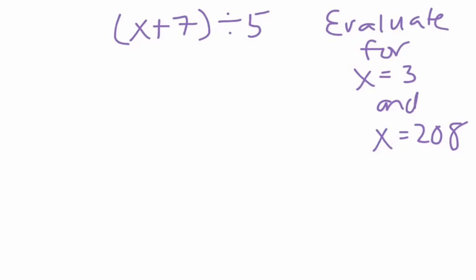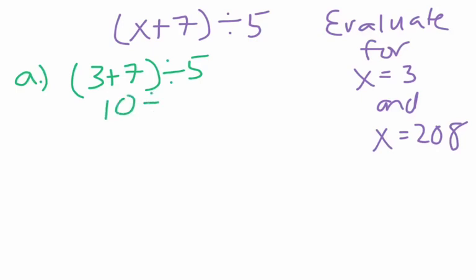So for the first one, we might call this part A, again, we take out the x and replace the x with something of equal value, which in this case is 3, and then copy down the rest of the problem and follow your order of operations. We'll do a whole lesson on order of operations soon. So 3 plus 7 is 10, and then 10 divided by 5 is 2.